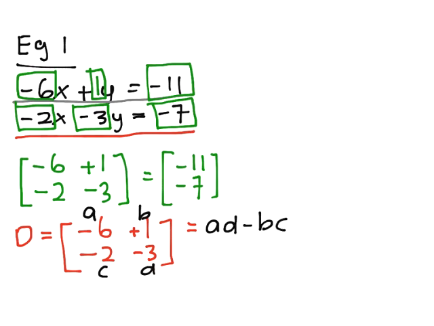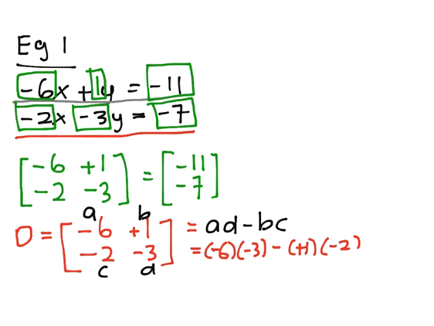So we have A multiplied by D, which is -6 multiplied by -3, then minus B multiplied by C, which is 1 multiplied by -2.